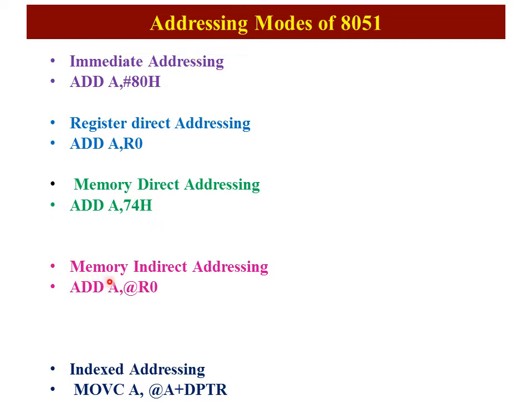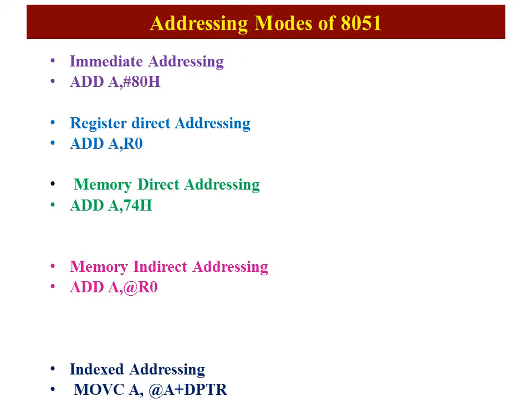Next, memory indirect addressing mode. Here, observe the instruction ADD A, @R0. The meaning of @ is indirect register. Now, what we discussed in register direct: whatever data is present in the R0 register is treated as the data that is going to be added with the accumulator.